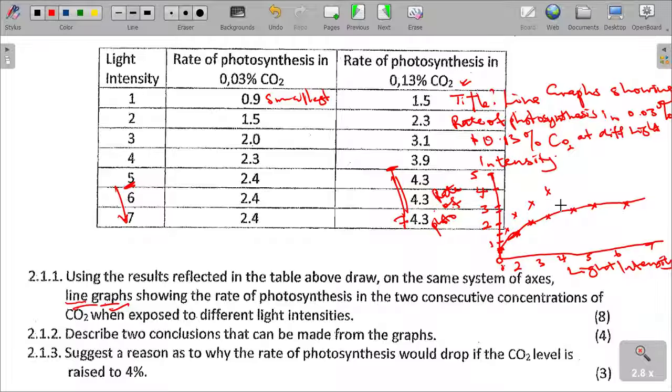And then at 5, it is 4.3, and 4.3 again. So I also have my graph, which is starting and then going.